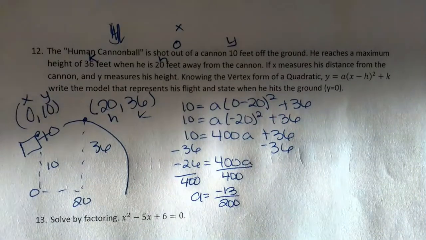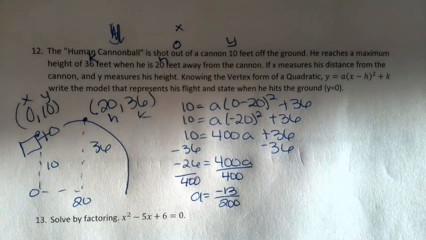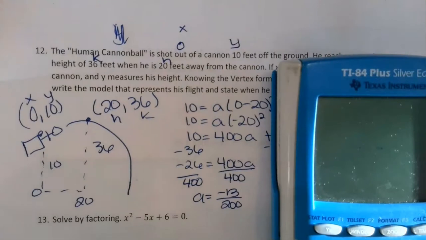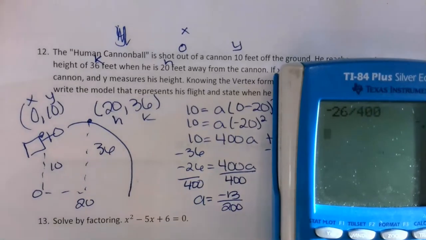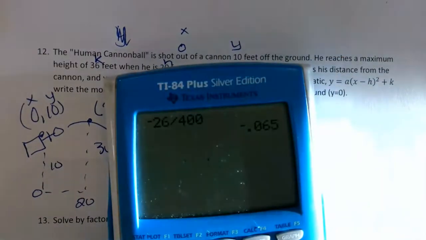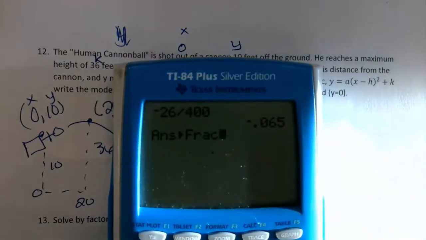If I knew it simplified, but I wasn't sure into what, I would want to type it in my calculator. So let's go home. So I have negative 26 divided by 400. I hit enter. It gives me a decimal. Then I go math, fraction. Is this coming through okay?